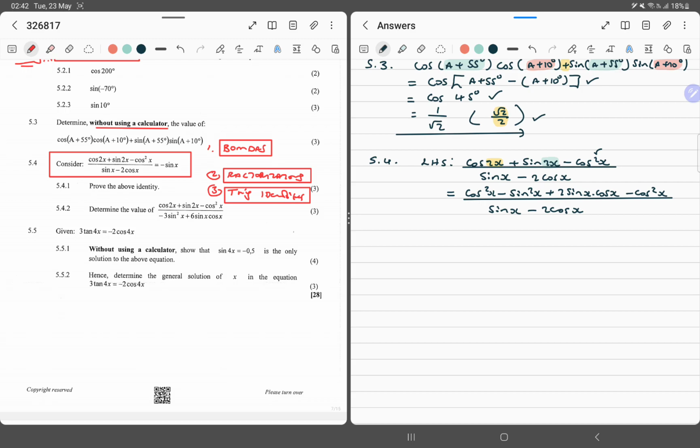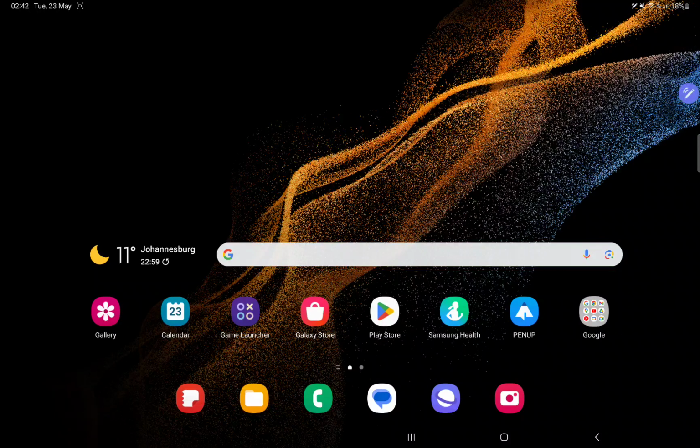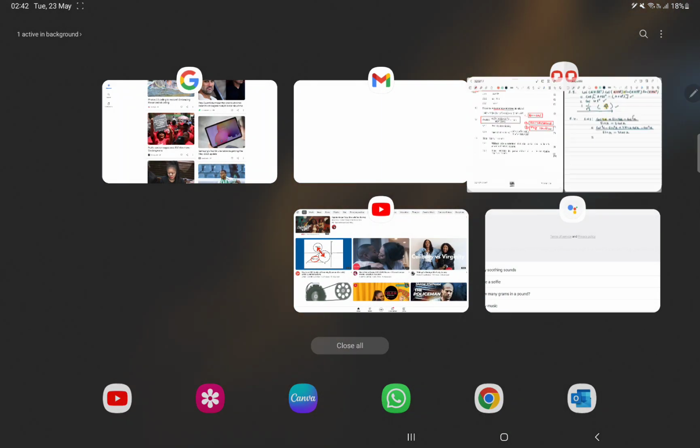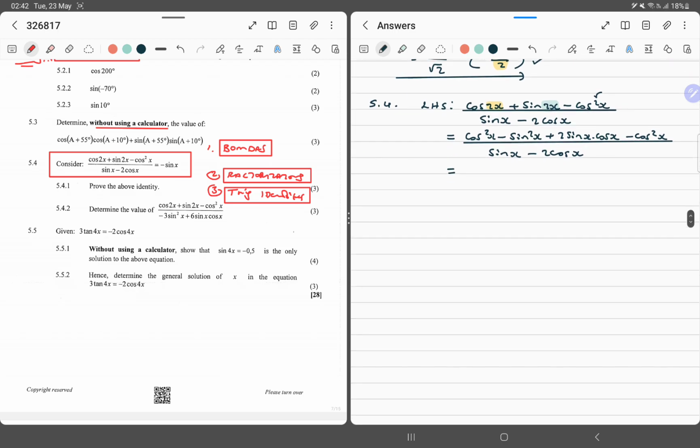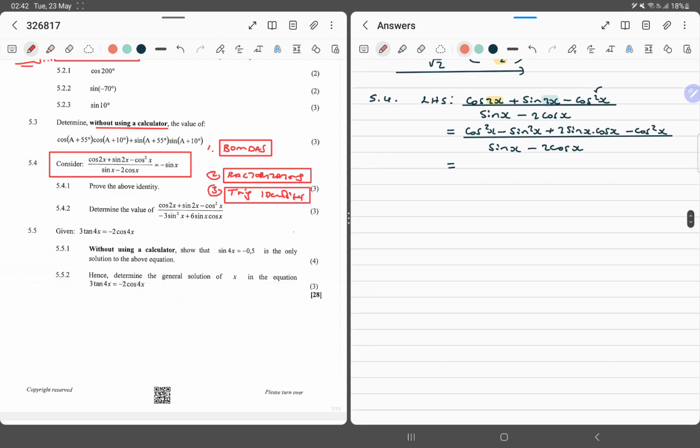Okay, that's all right. So what is the next step? Now we know that these two will essentially do it. So that's why we wanted to get to that route. What we have left is that we just rearrange this. We're going to get 2 sine x cos x and then minus sine squared x.